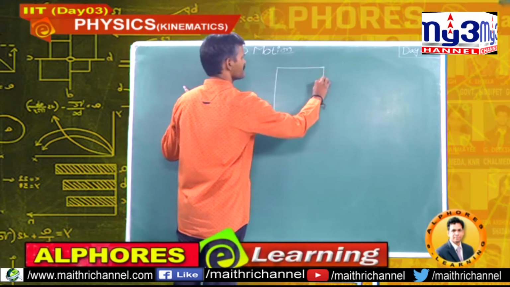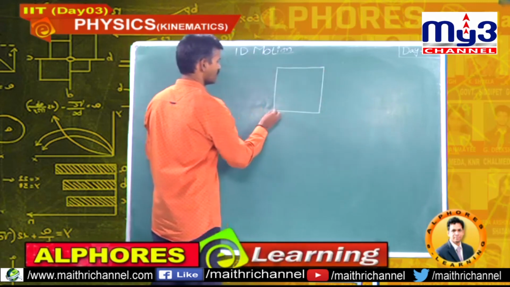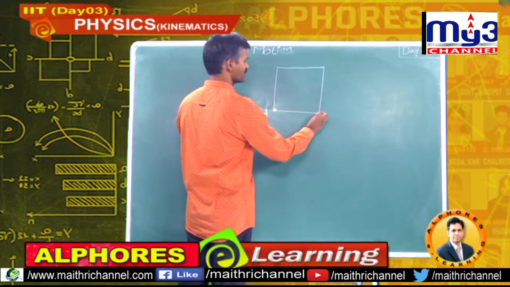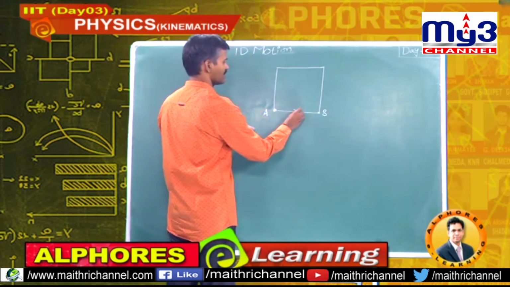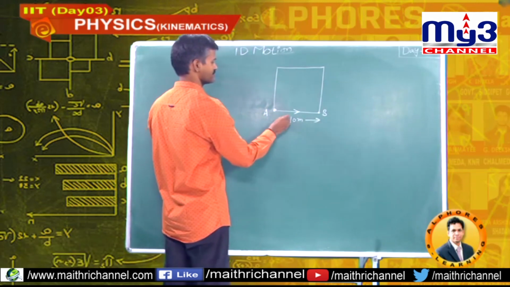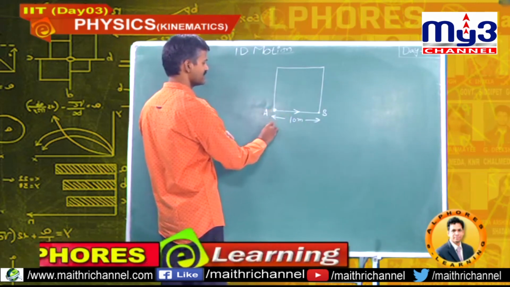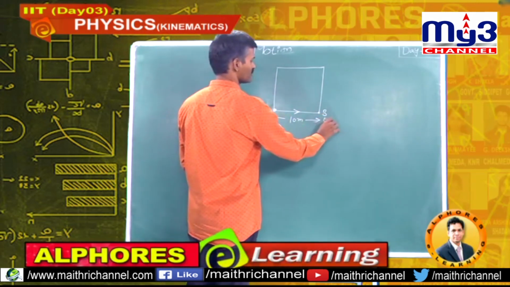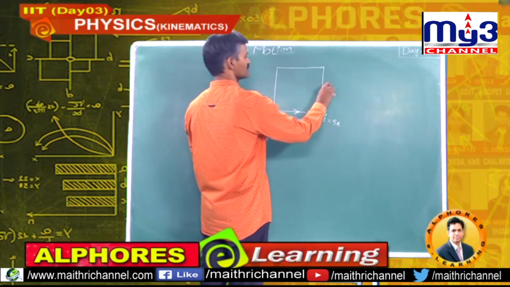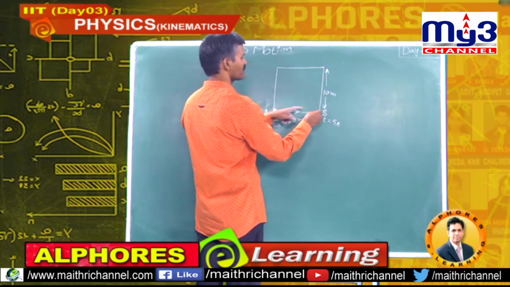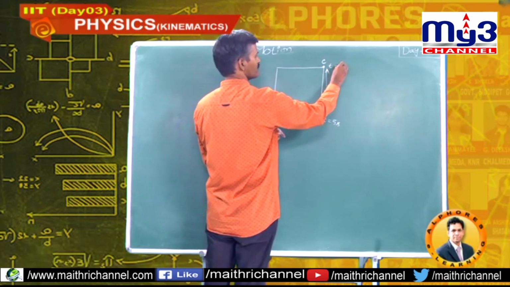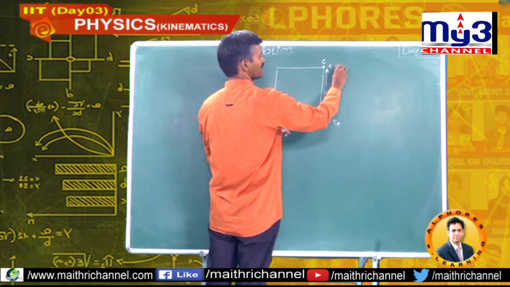A body starts from A and travels from A to B. It is a square of side 10 meters. It starts at t equal to 0, reaches this point at t equal to 5 seconds, and travels another 10 meters on the square from B to C, reaching at a time of 15 seconds.